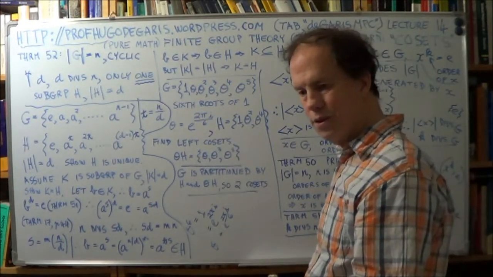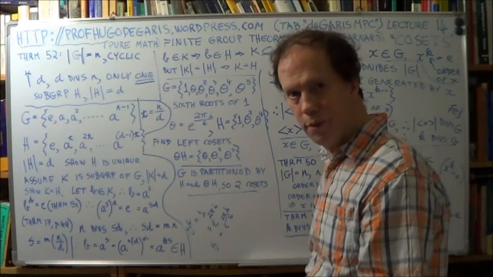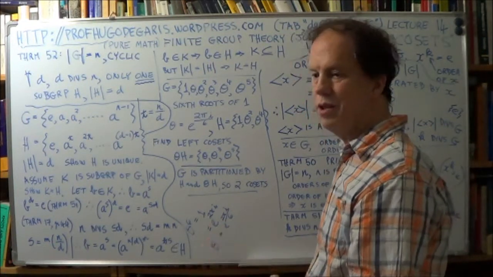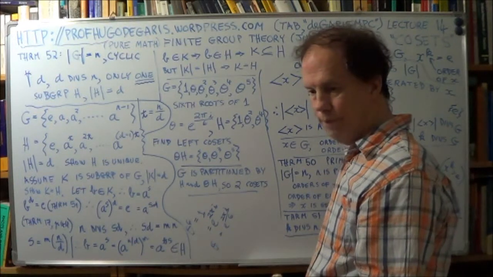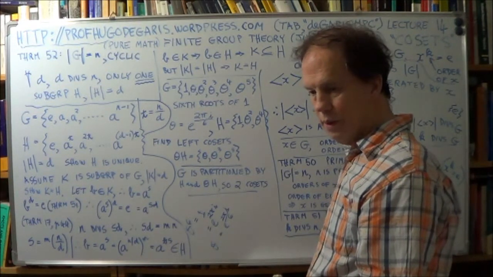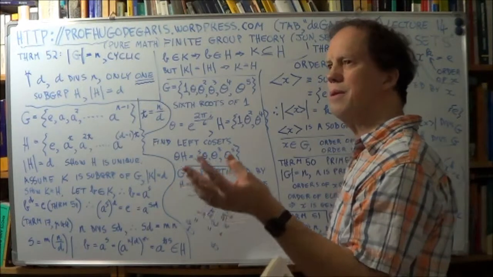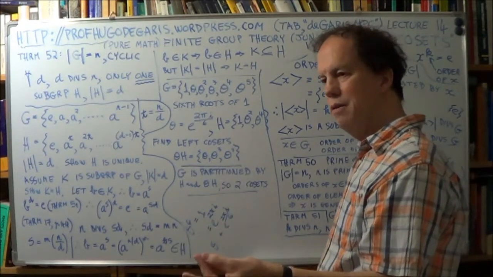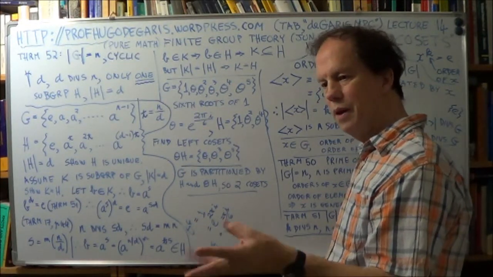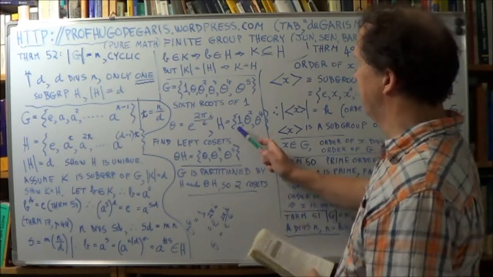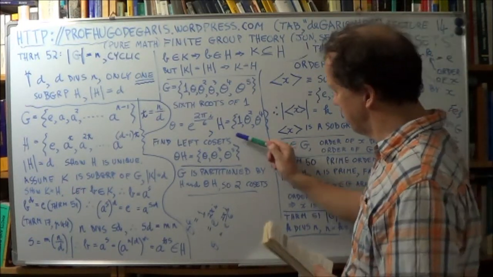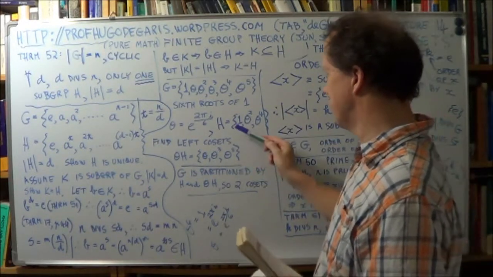You don't have to test for associativity, that's inherited from the parent group. But you test: is there a unit, the inverses, and closure. So this is a subgroup. I assume you can see that pretty easily.